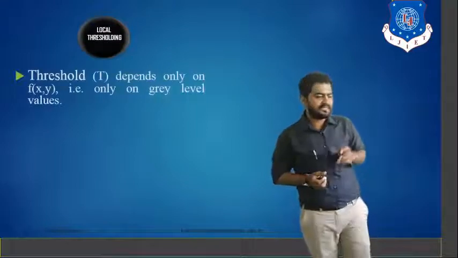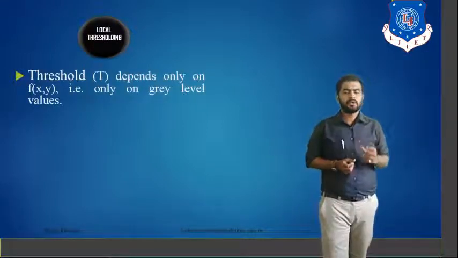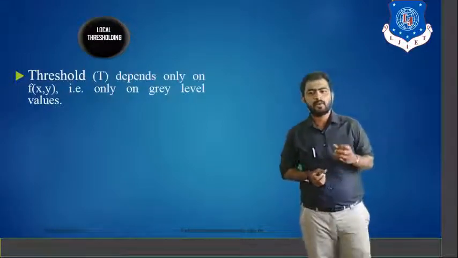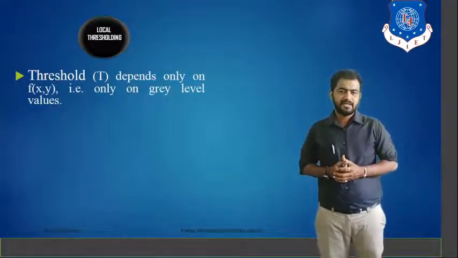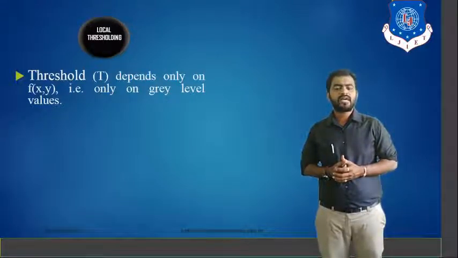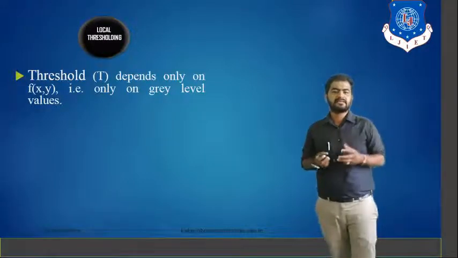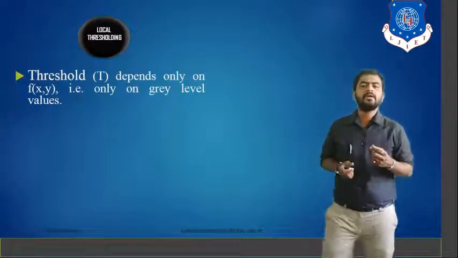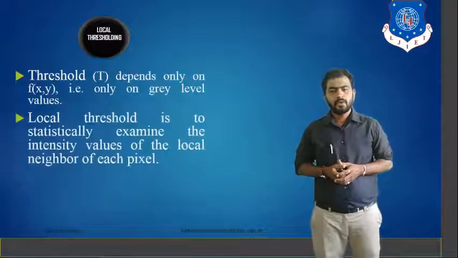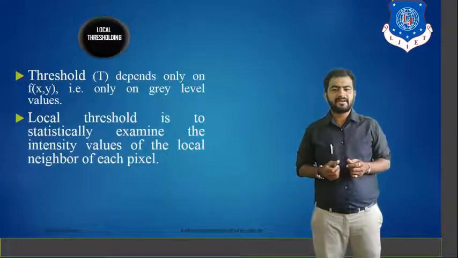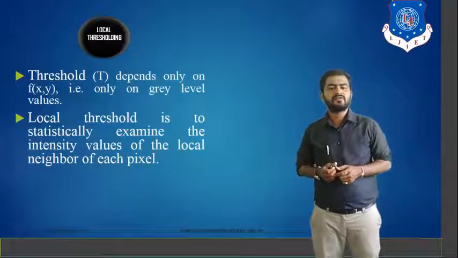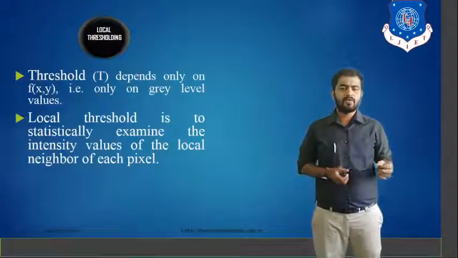Now, first we discuss local segmentation and local thresholding techniques. The threshold T depends on f of x comma y. F of x comma y is nothing but your matrix, or you can say a matrix value. It means it depends only on the gray level value. Local thresholding is to satisfactorily examine the intensity value of the local neighborhood of each pixel.